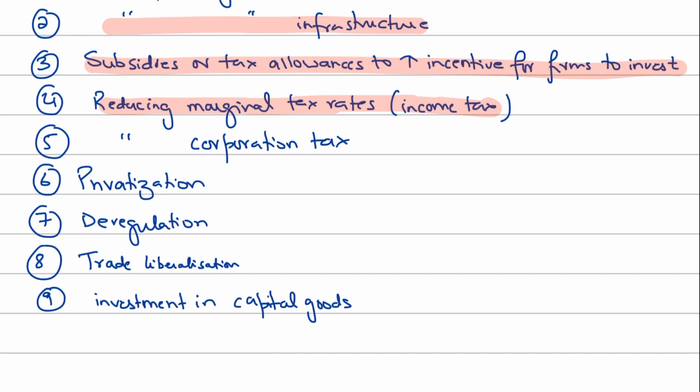Part of this investment will improve the quality of the existing capital as well, not only the quantity, which would reduce the long run cost of production for firms, improving productive efficiency throughout the economy. Again, increasing the quantity of capital goods as well as improving productive efficiency causes LRAS to shift outwards, right?